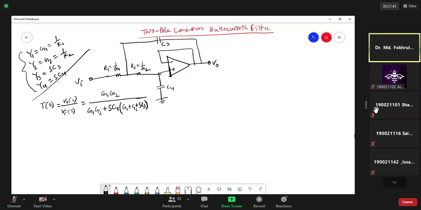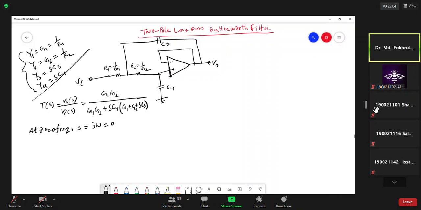Okay, then now if we consider the low frequency, at zero frequency, what will happen? S is equal to j omega is equal to 0.